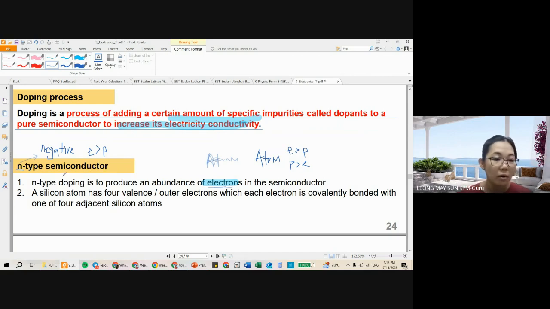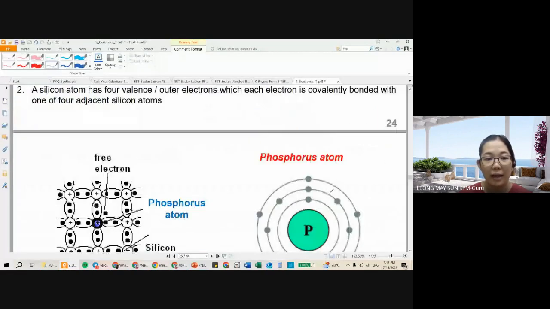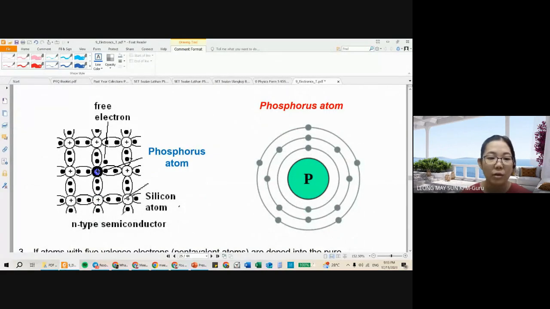A silicon atom has four valence or outer electrons, which are each covalently bonded with four other atoms. What happens if we add a dopant? This dopant is a phosphorus atom. A phosphorus atom has five valence electrons, so you see at the outermost orbit you have 1, 2, 3, 4, 5 valence electrons.